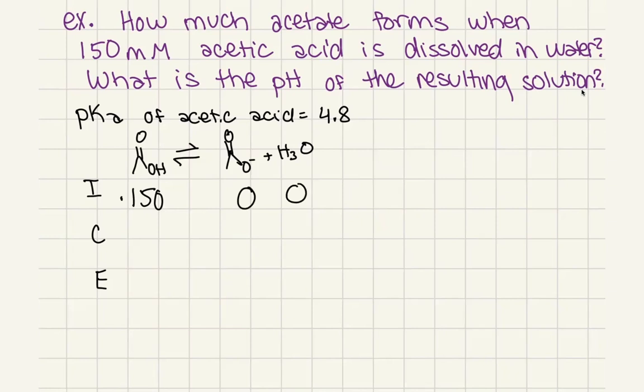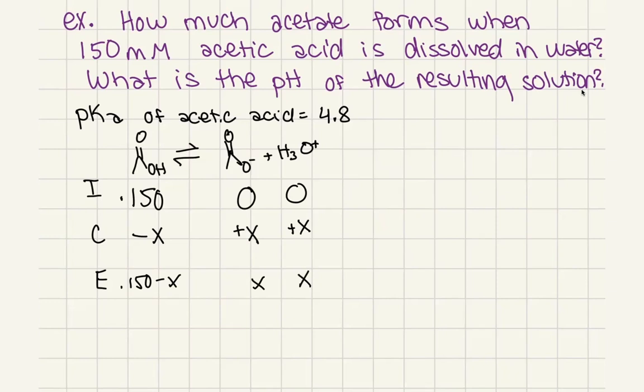But they're not going to be 0 for long because some of our acid is going to dissociate. X amount is going to dissociate, leaving us with X amount of our conjugate base and X amount of our proton, or our hydronium. So our final, once it reaches equilibrium, is going to be 0.150 minus X, X, X.